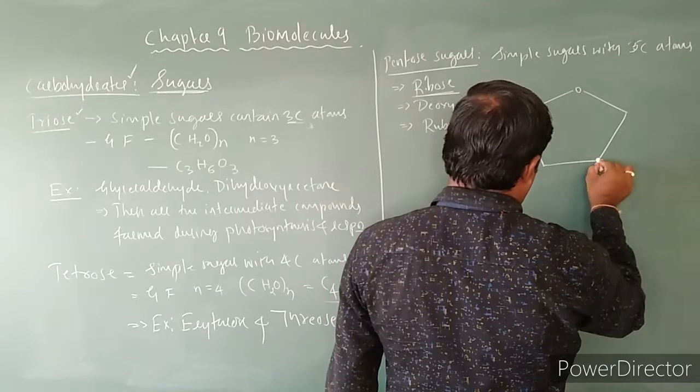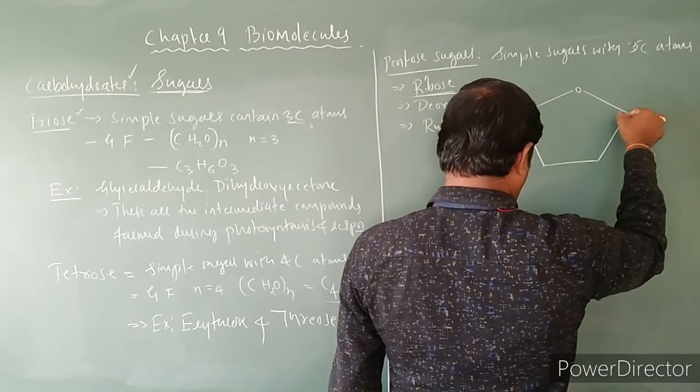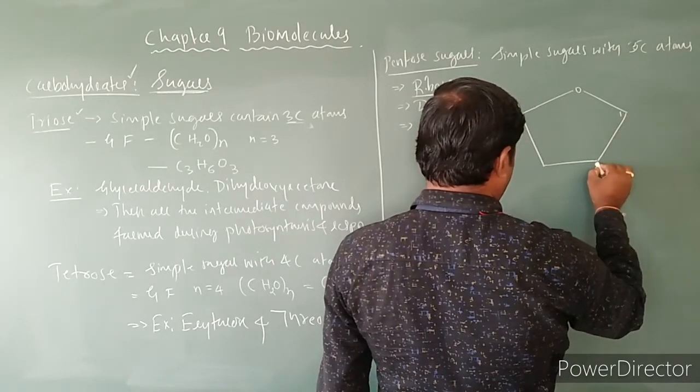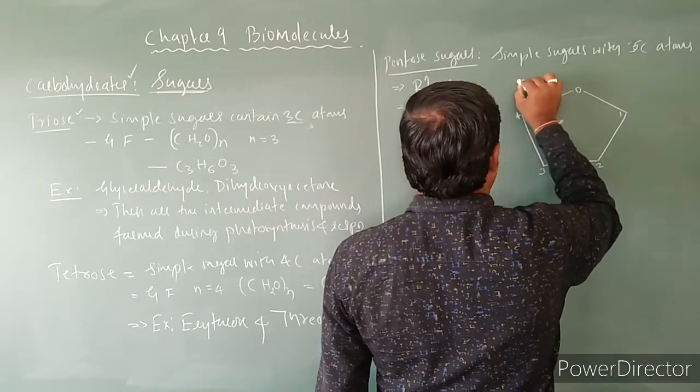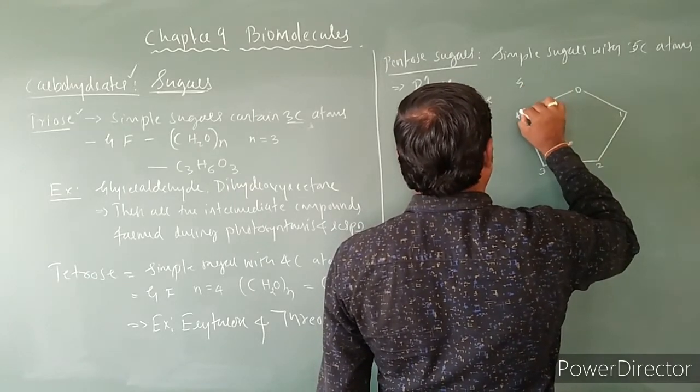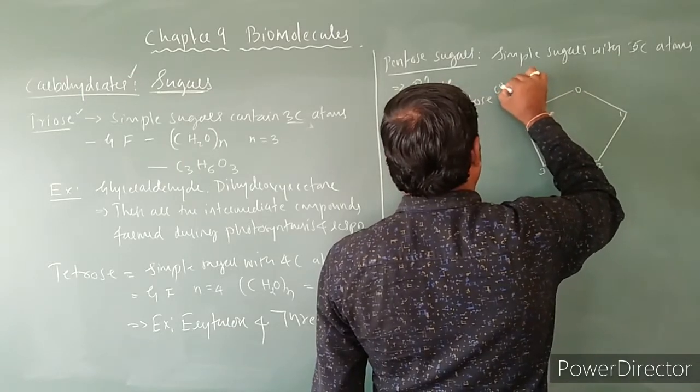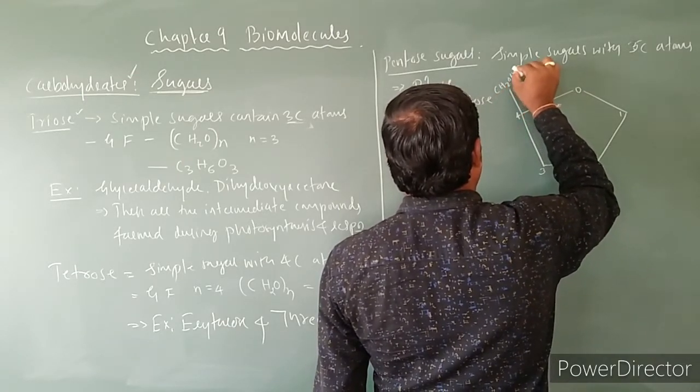It is a pentose sugar. This is carbon number 1, 2, 3, this is 4, and here we come across the fifth carbon atom, the CH2OH group.